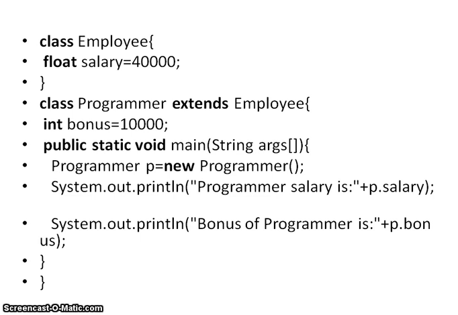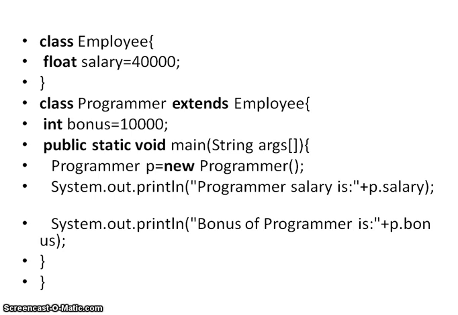By using p dot salary I can execute this salary which is available in the Employee class. The salary is available in the Programmer class because the Programmer class extended the Employee class. So p dot salary is salary. What is the salary here? 40,000 is displayed over here, and bonus of the programmer is p dot bonus.